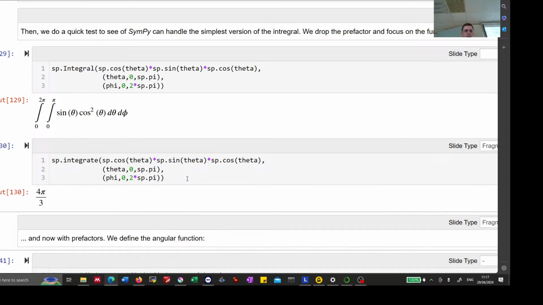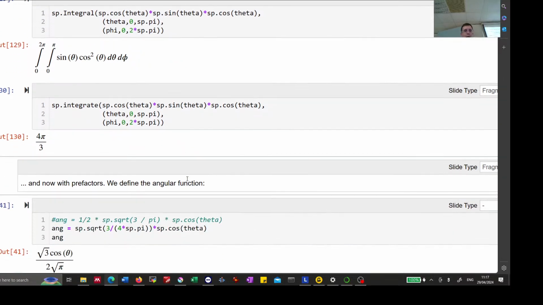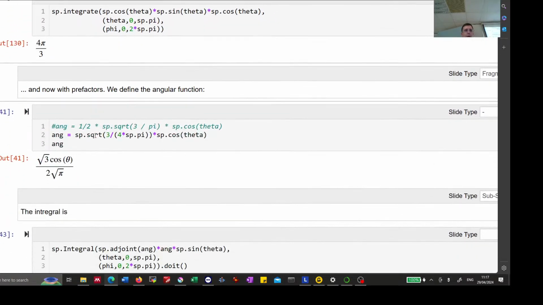Wait a little bit. So what we get is 4 pi divided by 3. That's not too bad, right? This could be right. So now about the prefactors. Our angular part was, as given above, the square root of 3 over 4 pi times cosine theta.